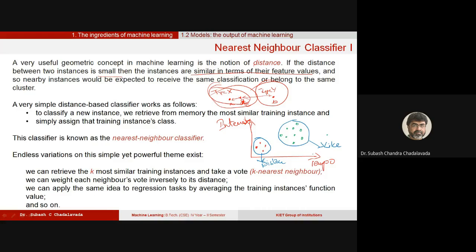If some new song comes which falls in this cluster, then that means that song is also liked by the person. But what if something comes like this? This falls in between these two.